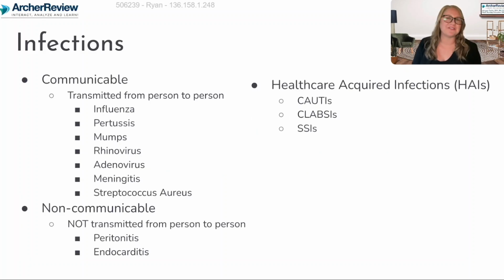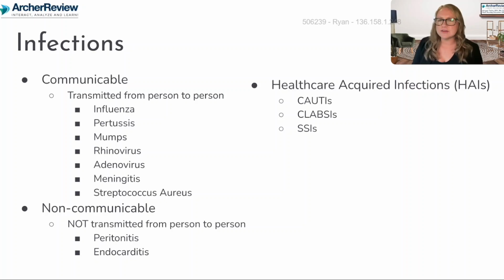So naturally, first things first, we have infections. When there is invasion from a foreign organism, it makes its way into our body, our immune system reacts. Now, the different ways we can categorize infections are communicable, non-communicable, and then healthcare acquired.